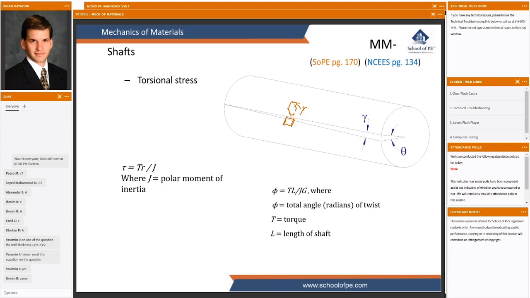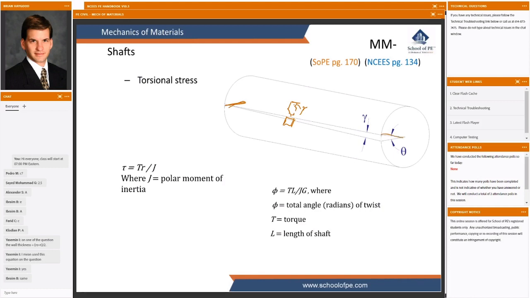Technically, it's radians per unit length, but we can approximate it as inch per inch kind of thing. So we've got our angle that each little bit of this is deformed, and that's consistent all the way down the length of it.